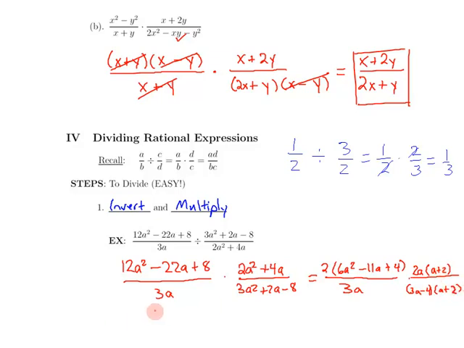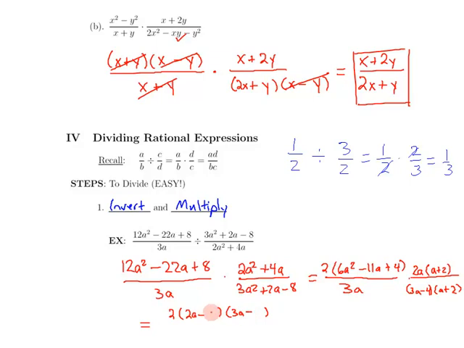Okay, so last thing I got to do now is factor that numerator here. So I'll have 6a squared minus 11a plus 4 factors into, let's see, I believe it's a 2a and a 3a. We'll try that. We know it's minus minus.